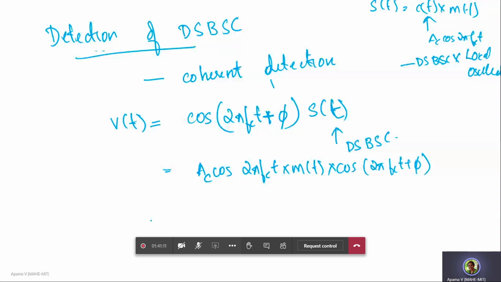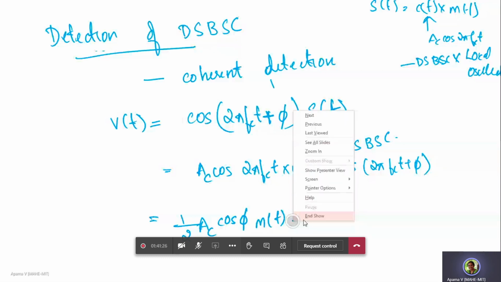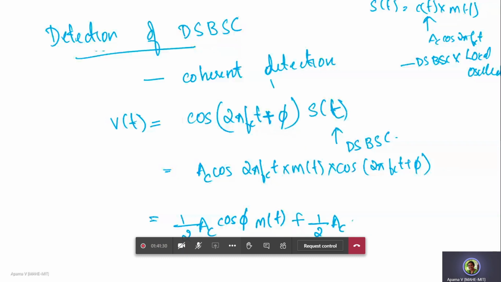Expanding this, you are going to get half Ac cos φ into m(t) plus half Ac cos(4πfct + φ) into m(t).